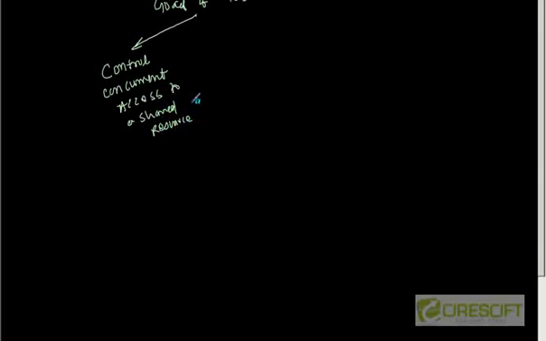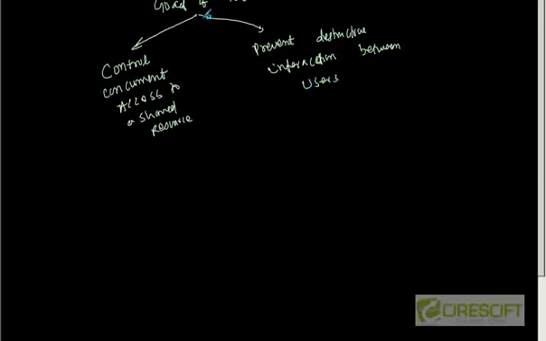So basically locks are used to control concurrent access to a shared resource and to prevent destructive interactions between users.